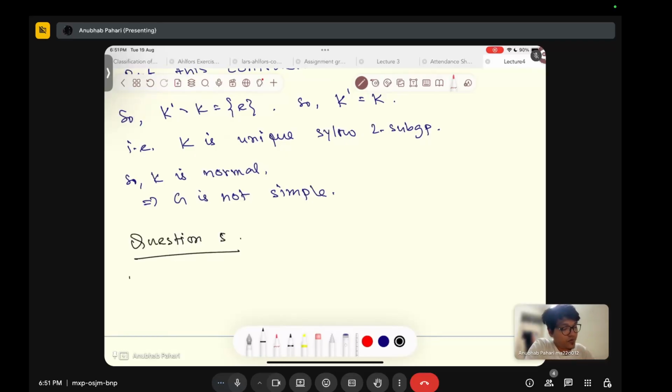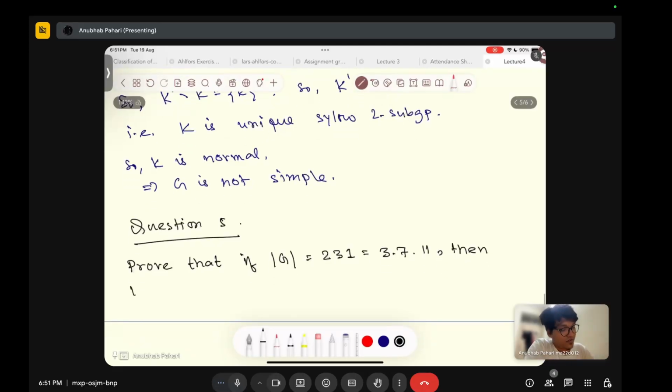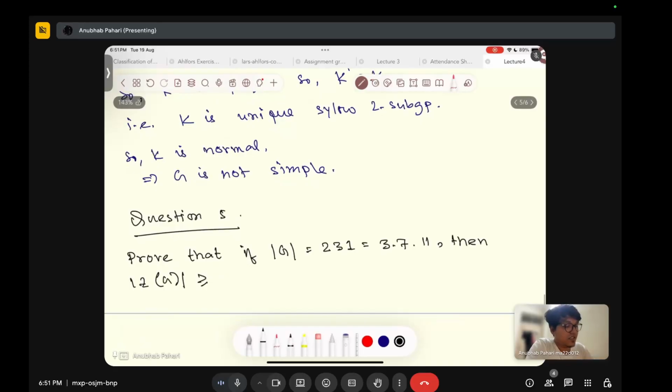Prove that if the order of G equals 231, which is 3 times 7 times 11, then the center of G has order greater than or equal to 11.